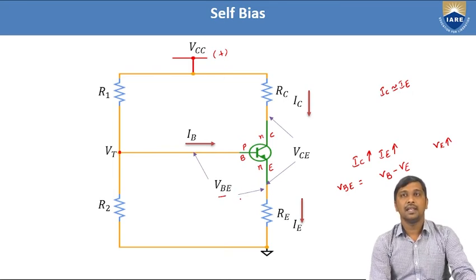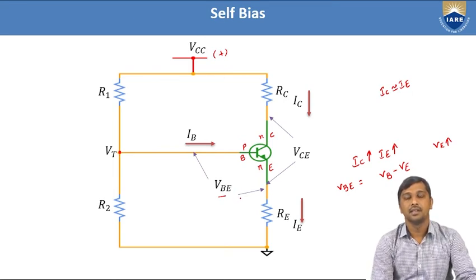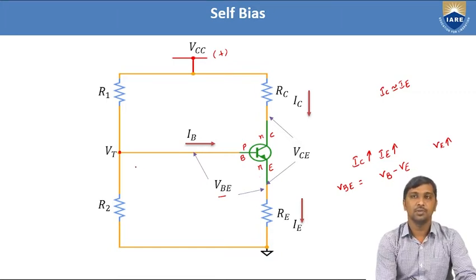Now we need to analyze how it maintains a stable operating point, or a constant collector current, by using this self-bias mechanism for a transistor. Before that, we first need to find the equivalent voltage, how much voltage drop is produced by the potential divider network along with the biasing source VCC. For this we apply Thevenin's theorem.